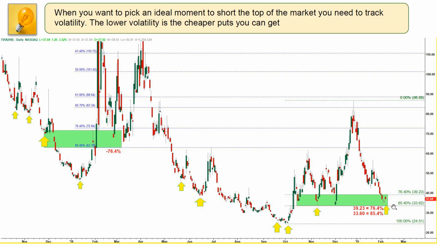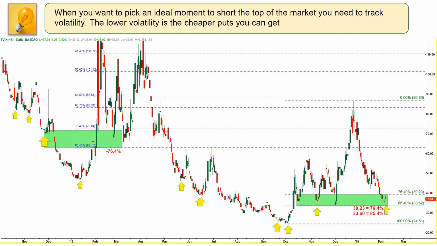Every time the market keeps moving up and you want to buy puts, but you see that volatility is crashing down, meaning that you have a full-bodied red candle on the daily chart, you should stop yourself, like here, you see, because when volatility keeps moving down, the value of your puts evaporates very quickly.